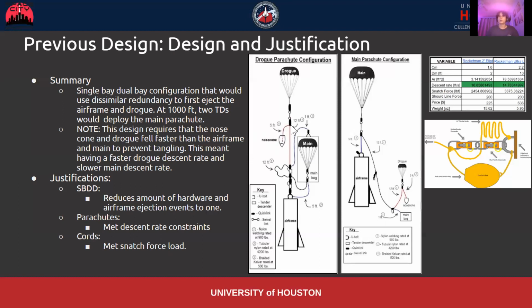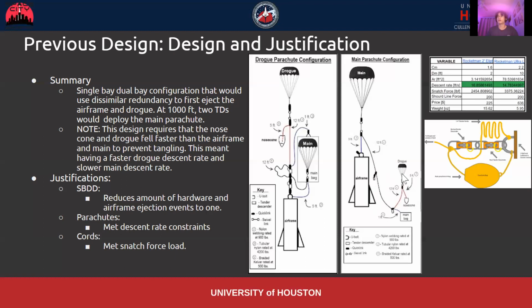So since the drogue and the nose cone are pretty much connected here, whenever we deployed our main, one of the concerns was that we didn't want the drogue to sit above the main parachute, because let's say we have this here, and the drogue and nose cone are still connected with these cords.